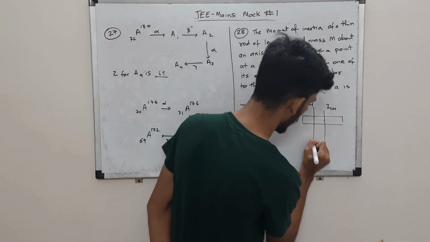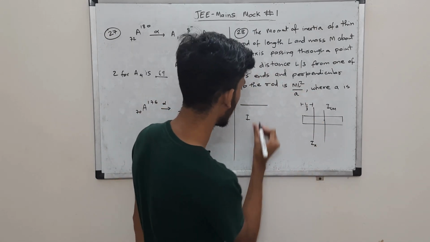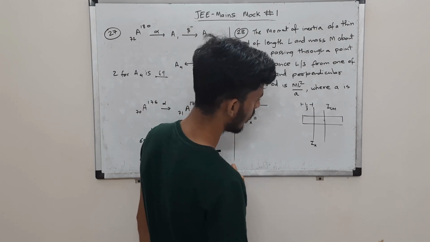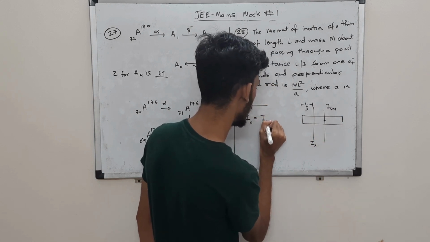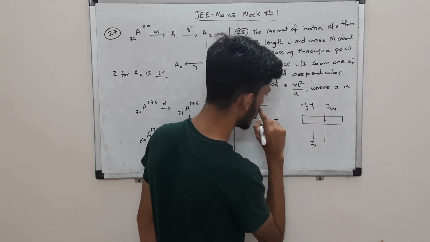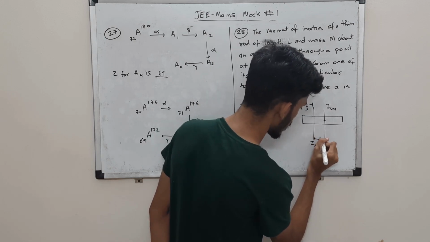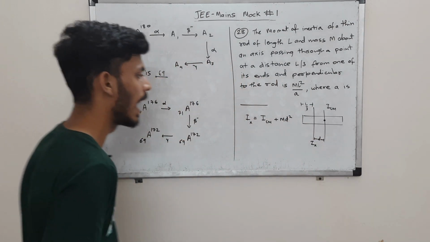Let us call the moment of inertia about this axis x. The moment of inertia about that axis will be the moment of inertia about the axis passing through the center of mass plus the mass of the entire body into the distance between the two parallel axes, right?